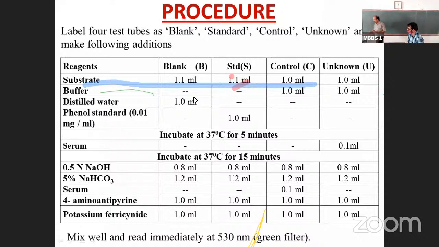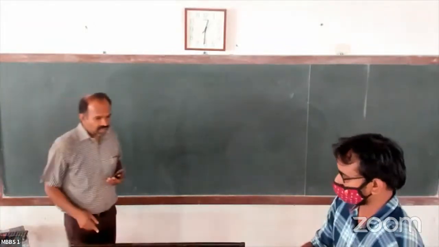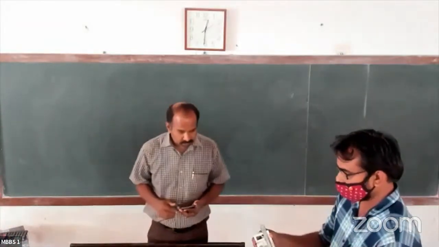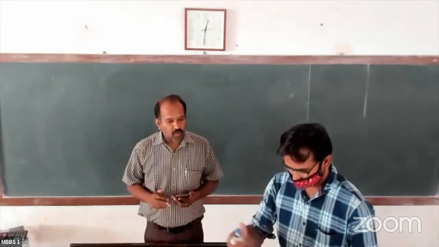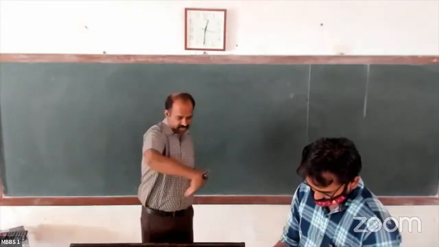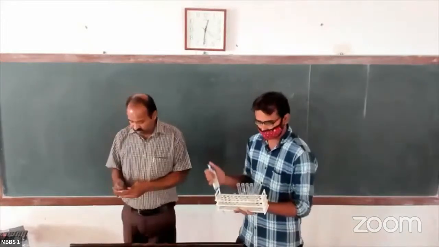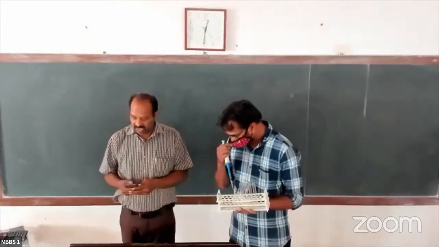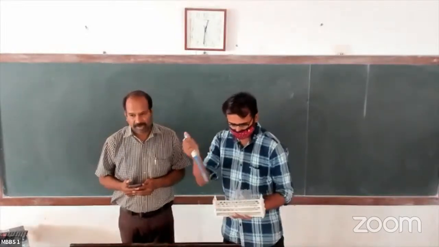Then he is adding the buffer in the control and unknown groups. Quantity is 1 ml.